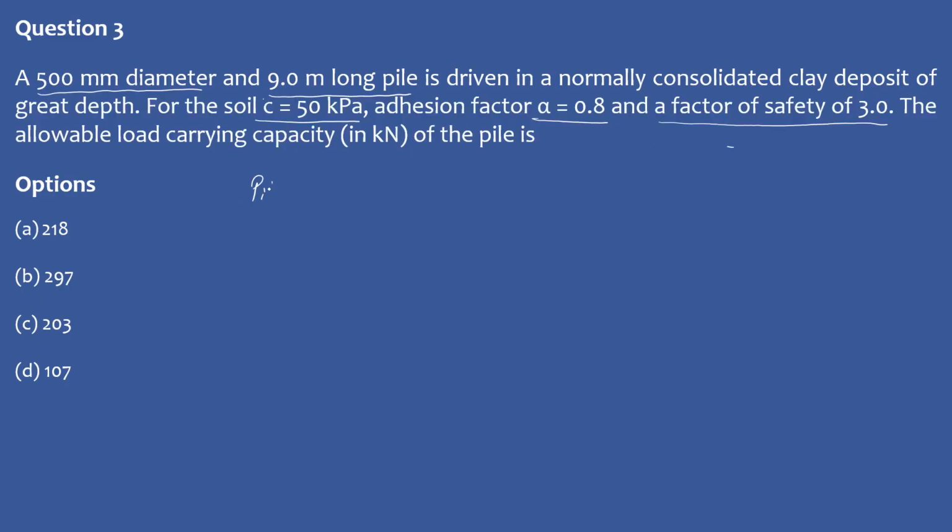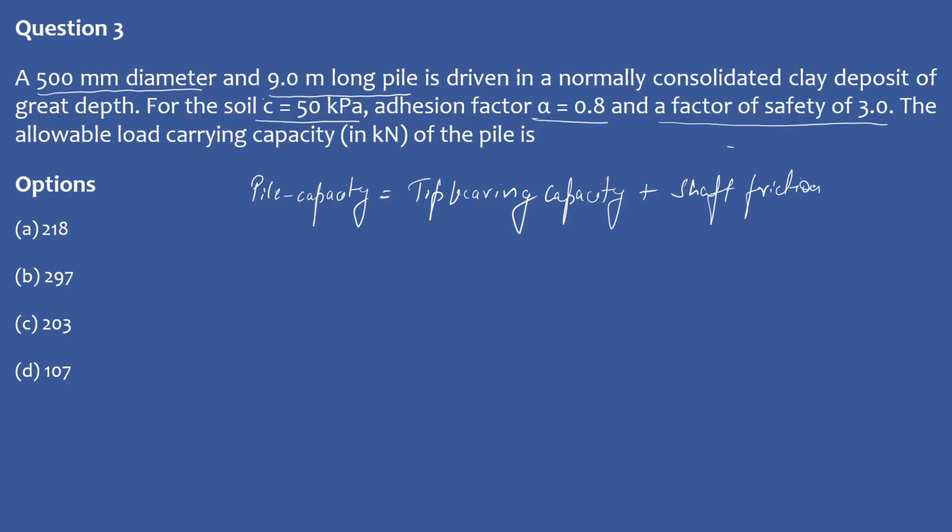So pile capacity is given by tip bearing capacity plus shaft friction capacity. It's a normally consolidated clay.